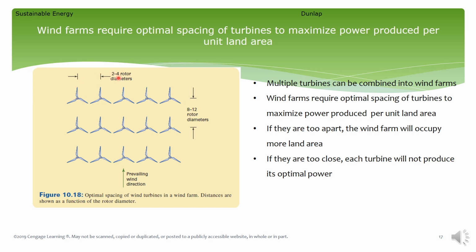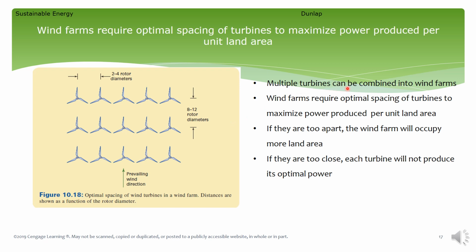In between turbines, they should have a gap of 2 to 4 rotor diameters and 8 to 12 rotor diameters.